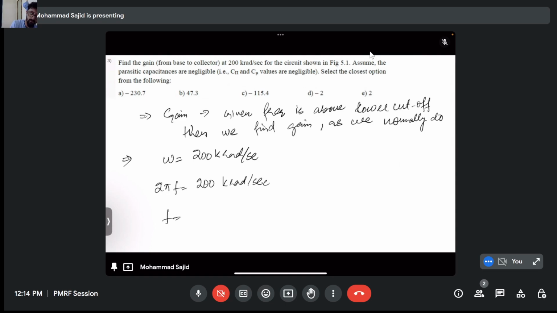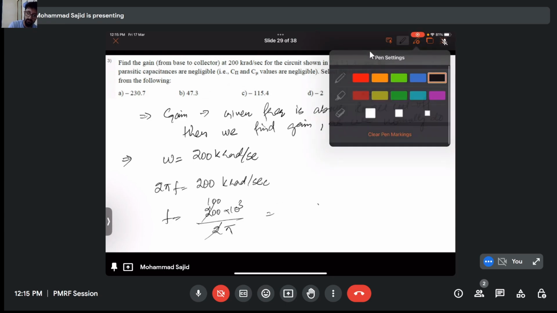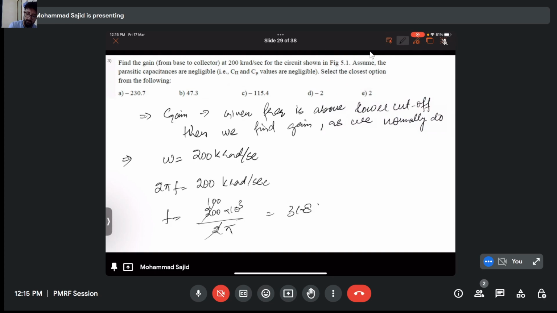So my f is 200 into 10 to the power 3 divided by 2 pi, that is 100 divided by 3.14, which is 31.8 kilohertz.